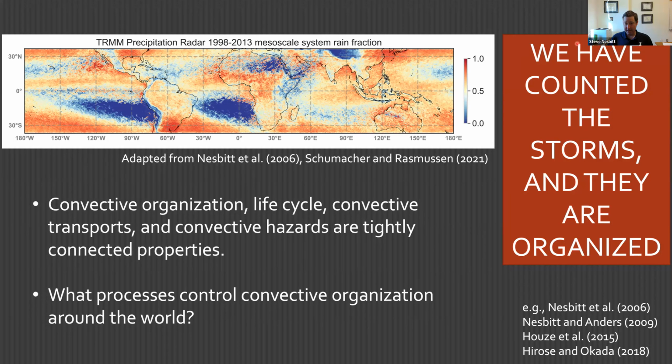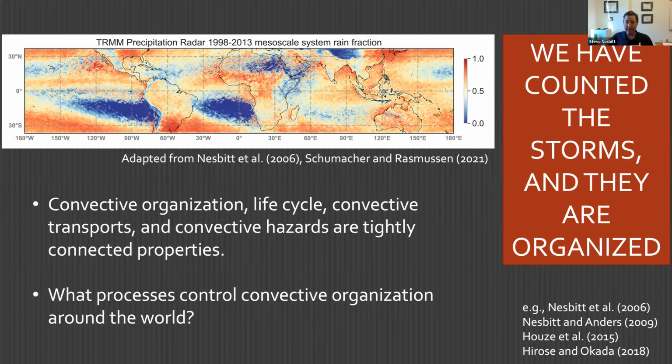Prior to TRMM, we had really no idea how organized convection was in the tropics, comparing different regions like land and ocean. And one region we saw as a hotspot was the region down in South America, in the subtropics, in the lee of the Andes, where we saw the highest fraction of rainfall from mesoscale convective systems.